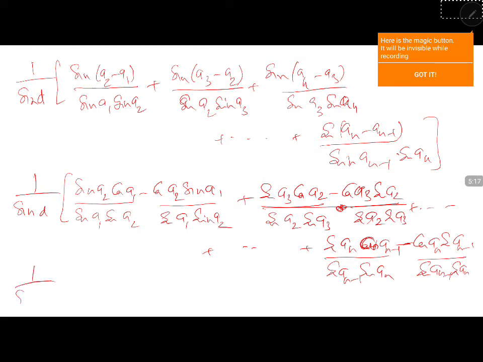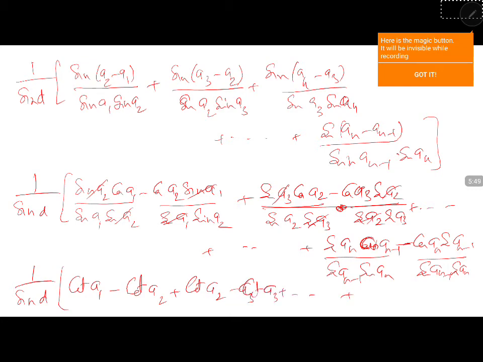So this is 1 by sin D multiplied by, here sin A2 cancels, you get cot A1 minus, here sin A1 gets cancelled, you will get cot A2. Here A3 cancels, here A2 cancels, you get cot A2 minus cot A3.